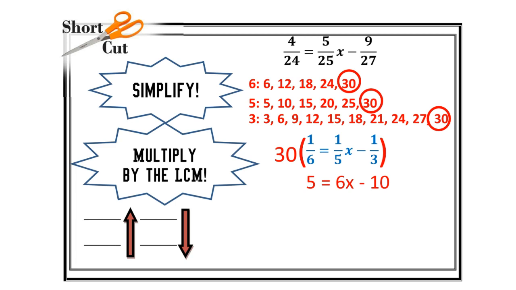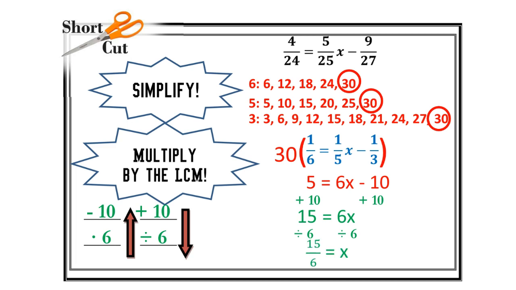First thing that's happening to my variable, I'm multiplying by 6, and then I'm subtracting 10. So to undo that, I'm going to add 10 and divide by 6. If I add 10, that's going to cancel out the negative 10 and make the left side of the equation 15. Now I'm going to divide by 6 on both sides, and that should give me my variable x by itself on the right.